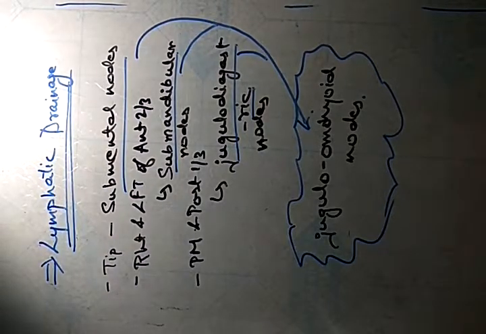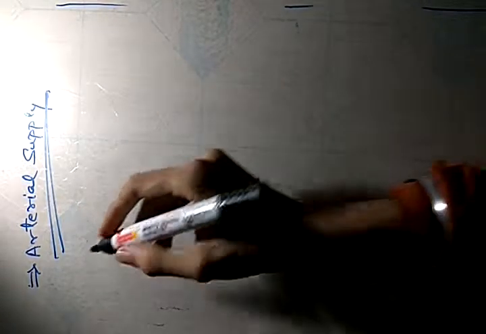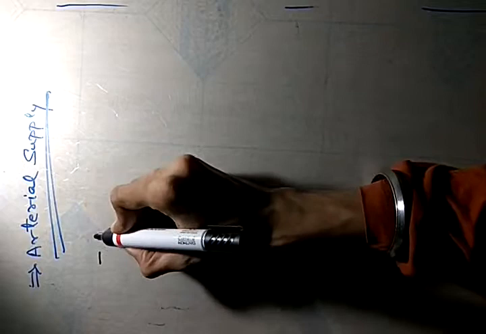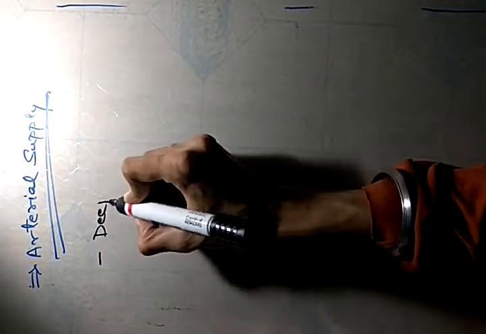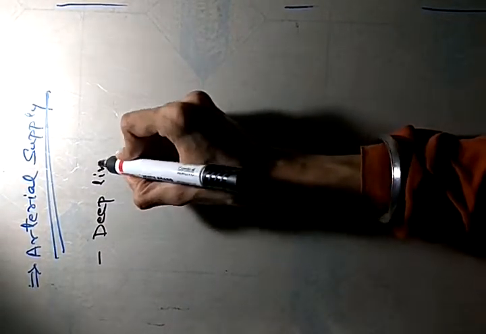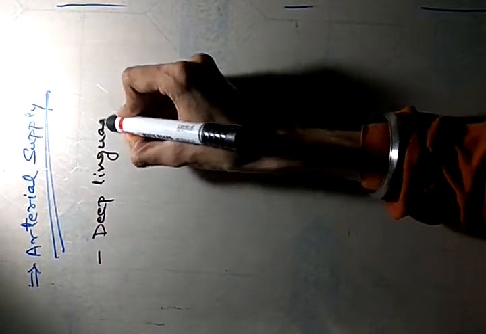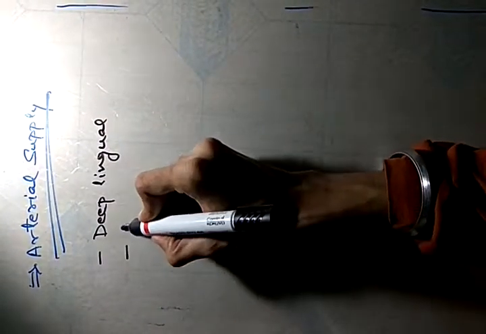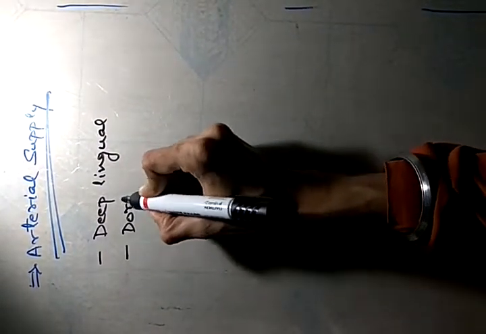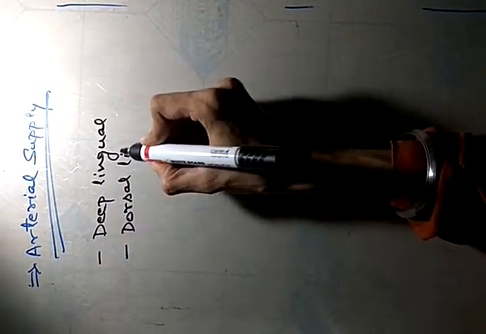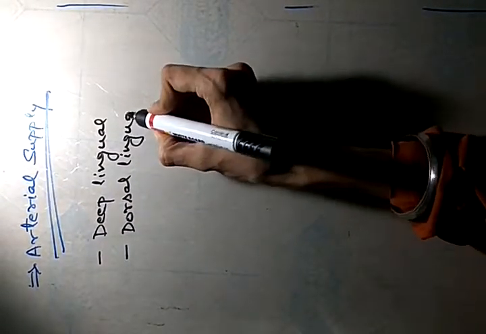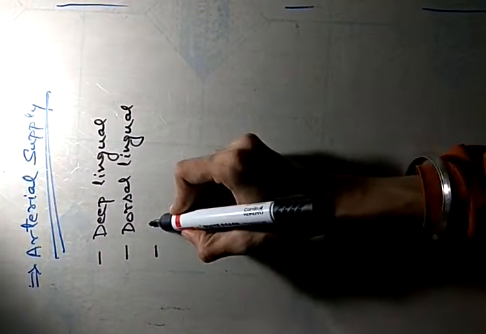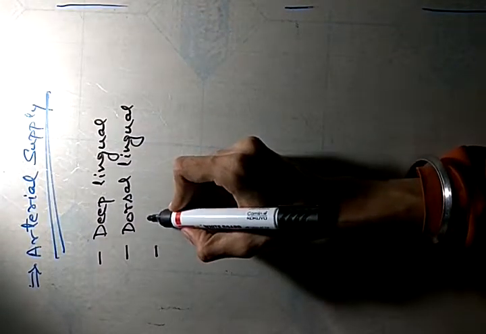Then if we move on to arterial supply. Now there are 4 main arteries that supply our tongue. First one being deep lingual. Second, dorsal lingual. Third, tonsillar branch of facial.